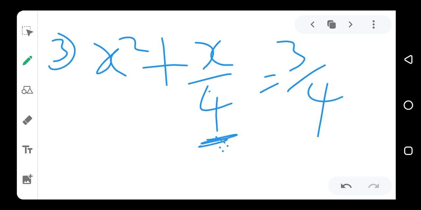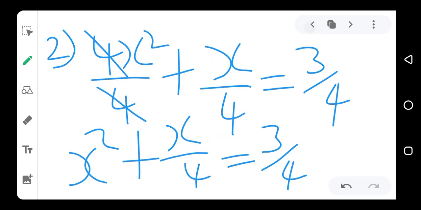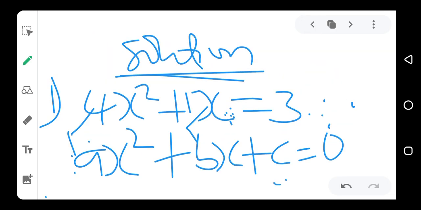We are not using the b in the original equation, because from there we don't know the actual value of b, since we have not divided by the value of a. It is when we make the coefficient of x squared 1 that we know the actual value of b.